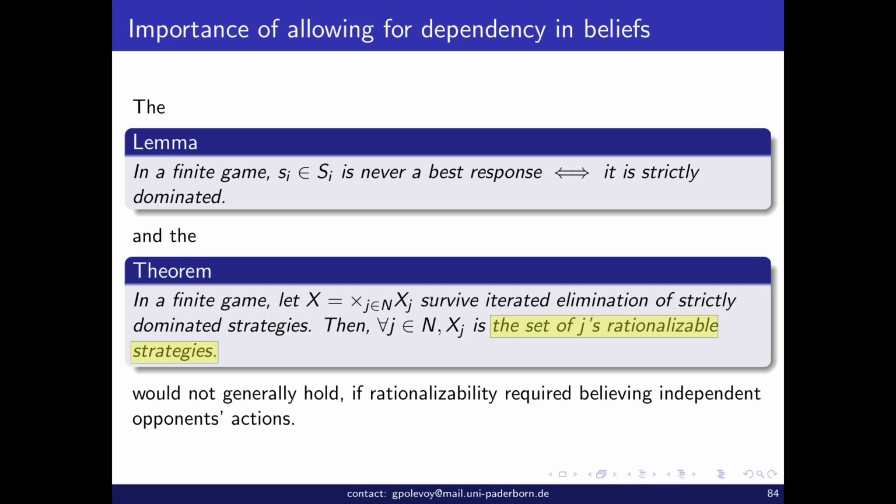Because it is rationalizable according to the normal assumption, which allows independence. So we also see that the example violates the theorem.